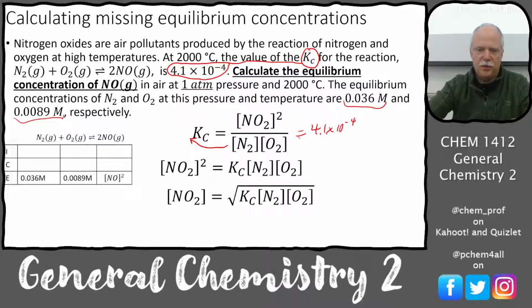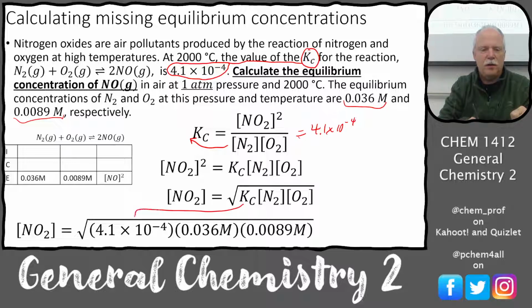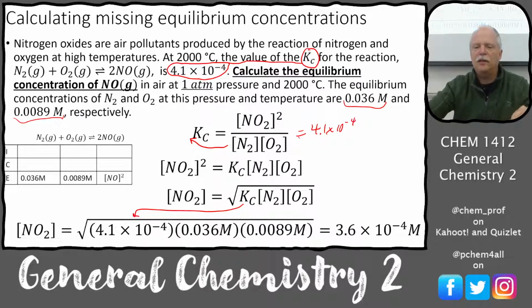We take the square root, and then we have all the numbers for Kc, N2, and O2, so we can put those in. So the equilibrium constant here, and then there are two concentrations. So there's our concentration of nitric oxide, 3.6 times 10 to the minus 4.